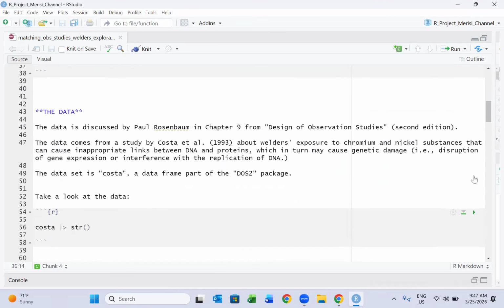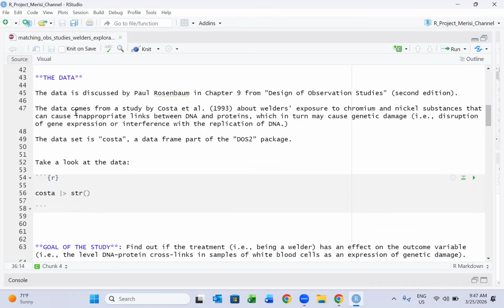Okay, so the data. Well, the data comes from a study by Costa et al. About welders' exposure to chromium and nickel, substances that can cause inappropriate links between DNA and proteins, which in turn may cause genetic damage, okay? The data set is Costa and it's a data frame part of the DOS2 package. Because we already loaded the DOS2 package, we can access any data sets part of it, okay?